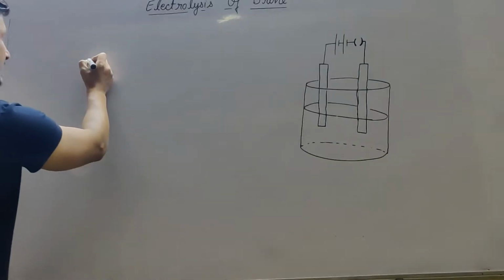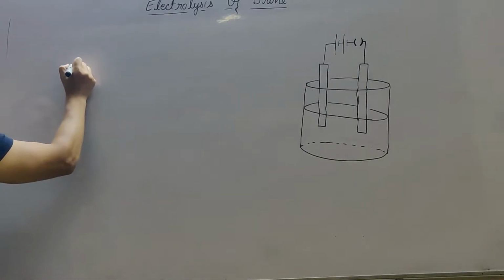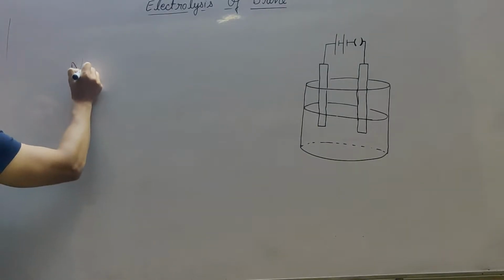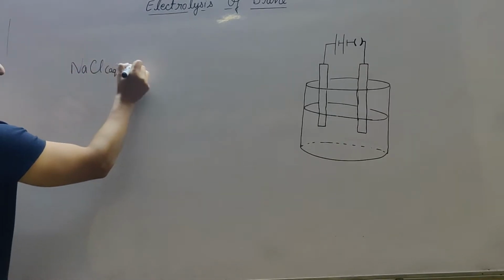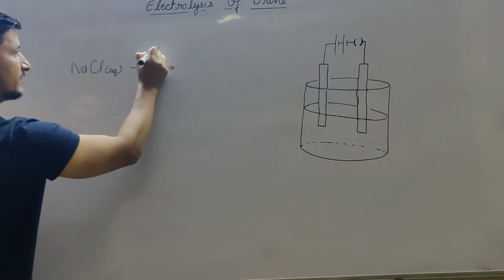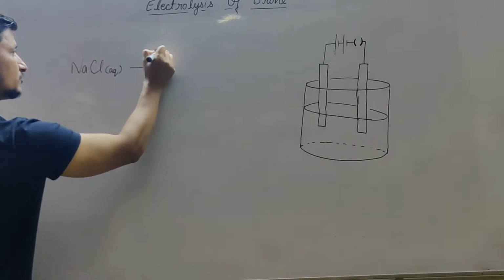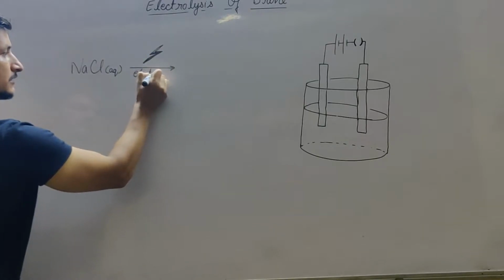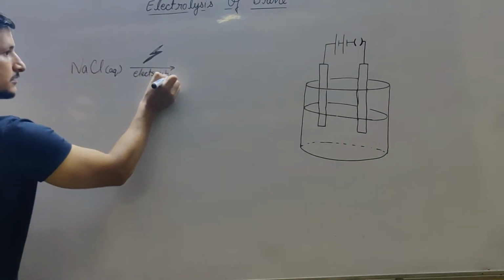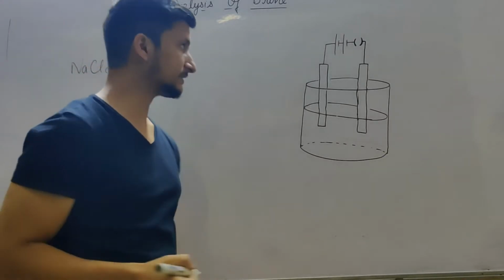Look, when electricity is passed through brine, that is NaCl, sodium chloride, which is in aqueous state, that is it is dissolved in water. So here we have passed electricity. Let us see what happens.